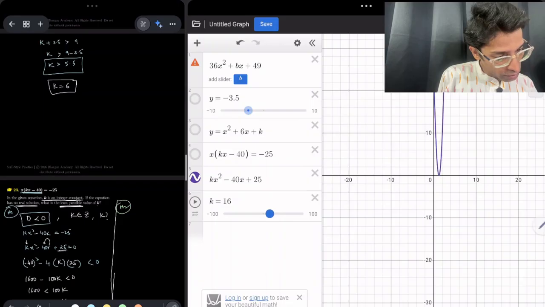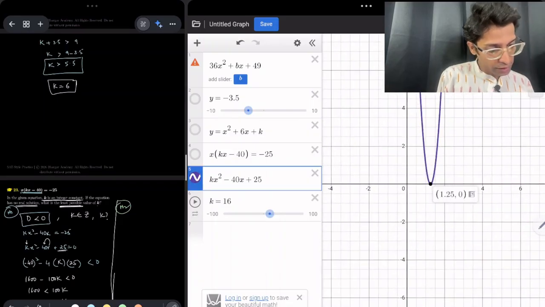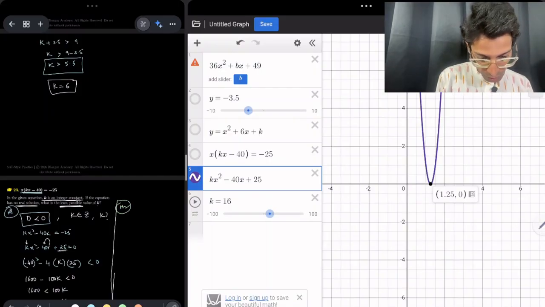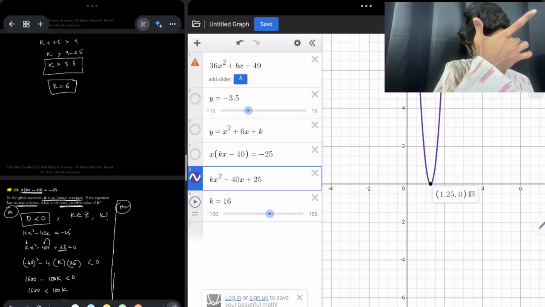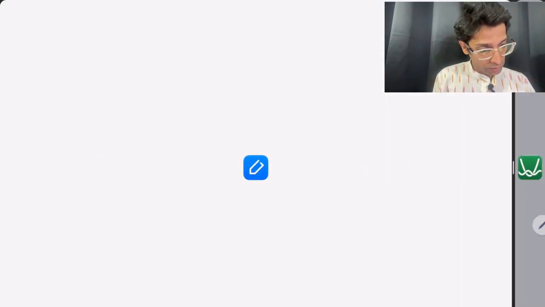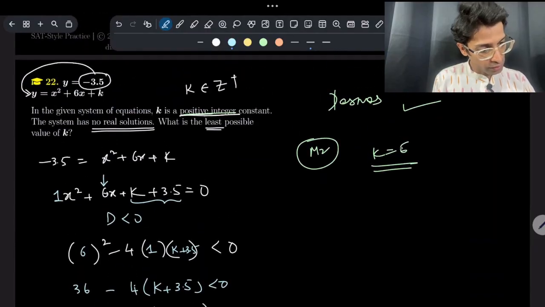He's asking you the least possible value of k. So k equal to 16, it is touching the x-axis. So k greater than 16, and he has already mentioned to you that k should be an integer constant. So k greater than 16 ends up with k equal to 17. So with Desmos it is much faster and we are getting the answer.